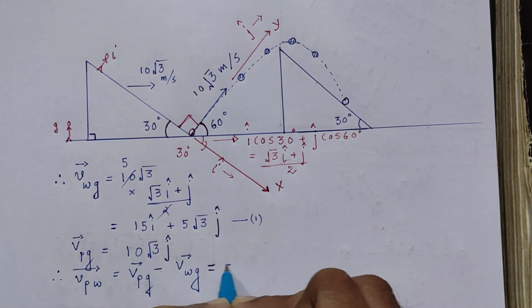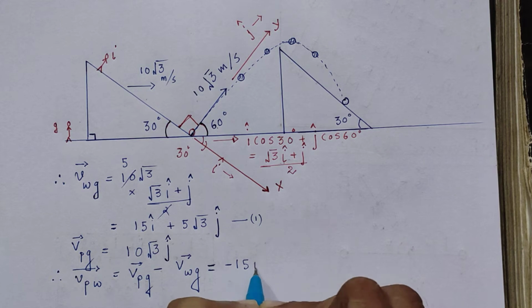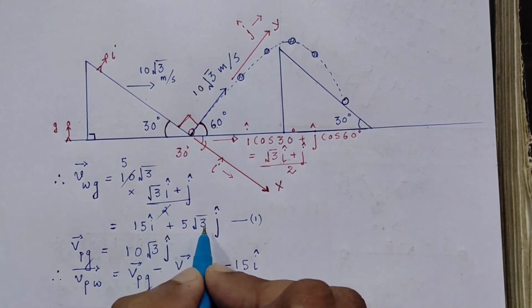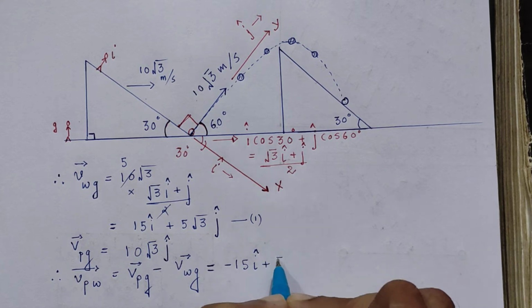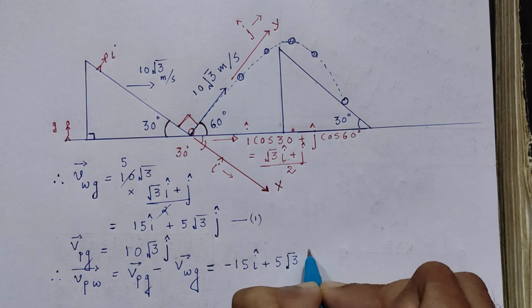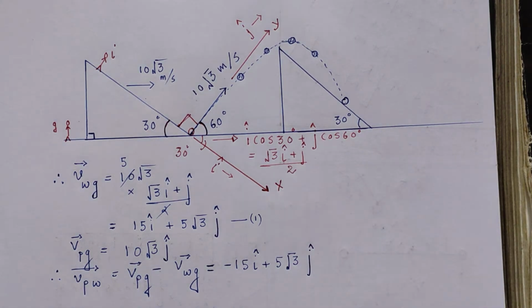We are getting minus 15 I cap and 10 root 3 j cap minus 5 root 3 j cap, so plus 5 root 3 j cap. So basically this represents the velocity of the particle with respect to wedge.